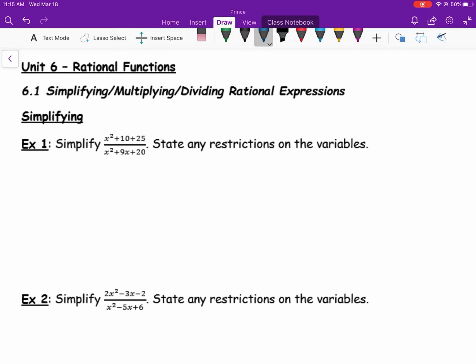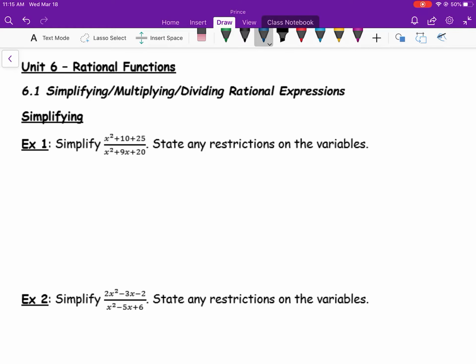Alright. So our next step is to state our restrictions. This is the values of x that make the denominator equal to 0. Remember, 3 divided by 0 is undefined. We don't want that.